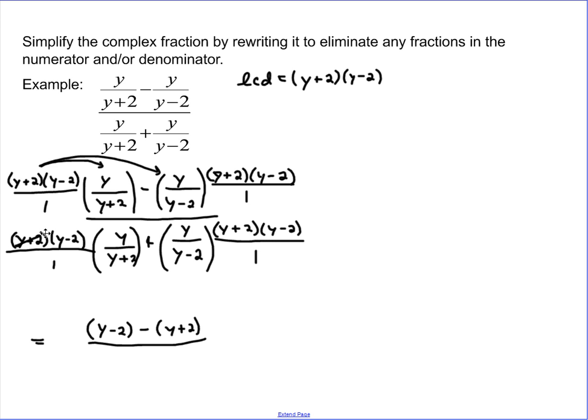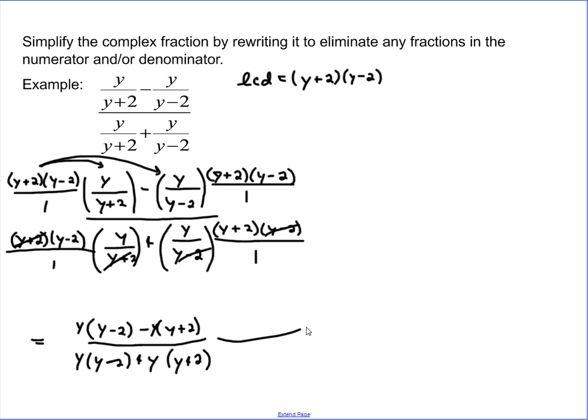Y plus 2 times y minus 2 gets multiplied by both terms in the numerator and denominator equally. So canceling with our common factors here, y plus 2 cancels. Ooh, I forgot to multiply my y's, didn't I? Y here and y here. So I'm going to have to do the same thing down here. Y times y minus 2. This time will be added to y times the y minus 2's cancel, y plus 2.